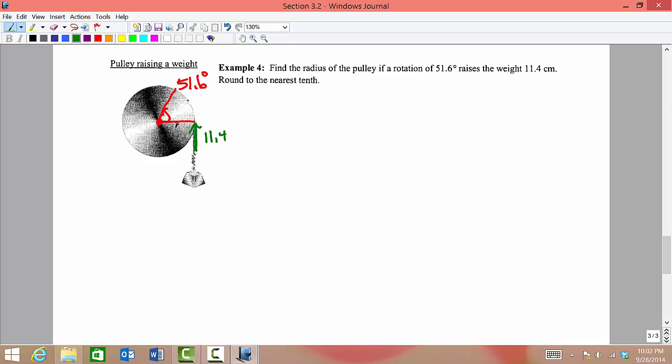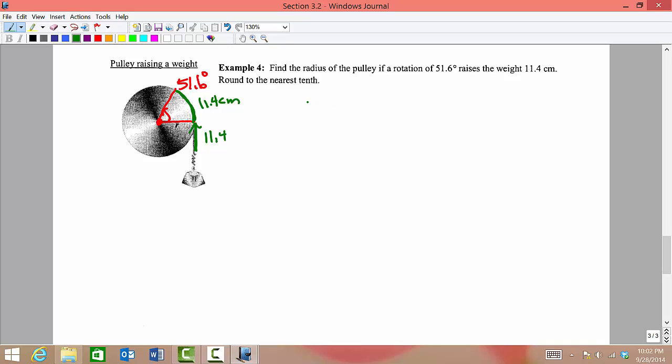So basically, as it turns, the string or the cord will be laid onto the pulley. So what's really happening here is that as we move, the arc length that is moved, that pulls the weight up, will be 11.4 centimeters. So we know two things.